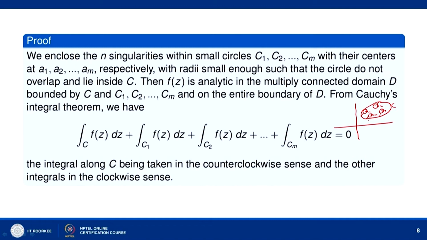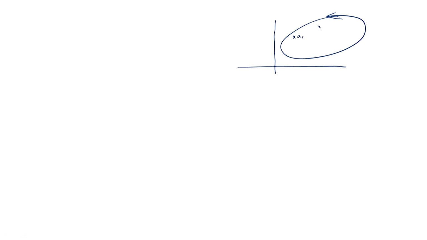So, by Cauchy integral theorem, let us show it here. Let us draw a bigger figure. This is your contour C. This is A1, A2, A3 and here let me write Am.